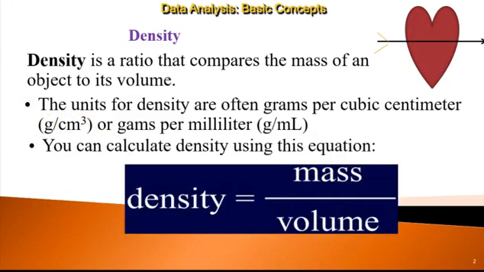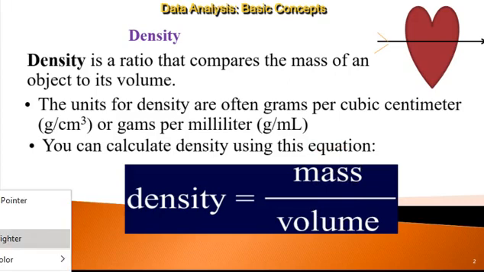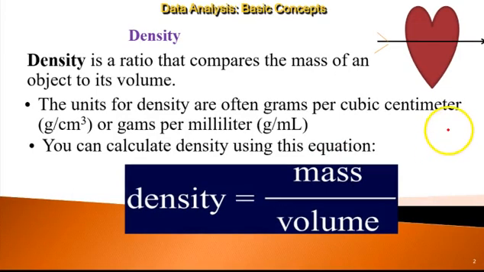All right, so you can calculate the density. Density equals mass over volume. I generally will think of it in what I like to call the triangle of fun, because that way I could figure out with no work whatsoever any of the three variables.